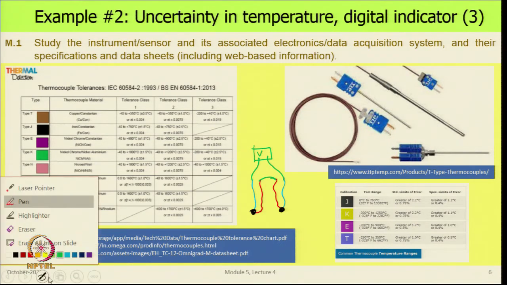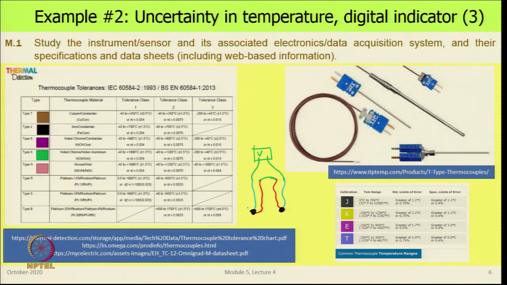Then we subject this and this to different temperatures.